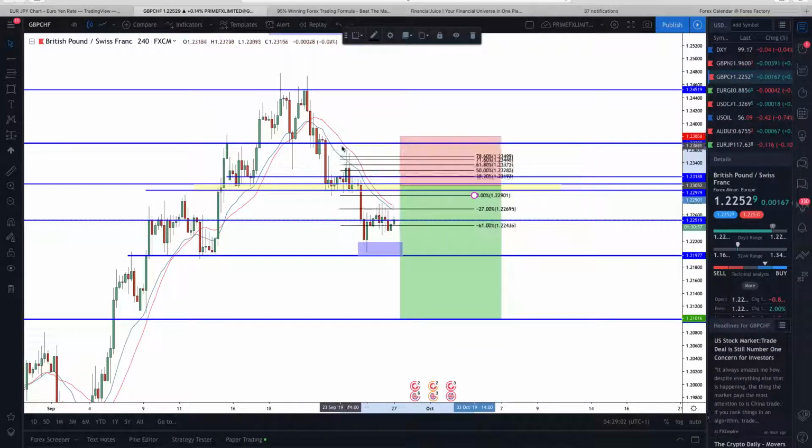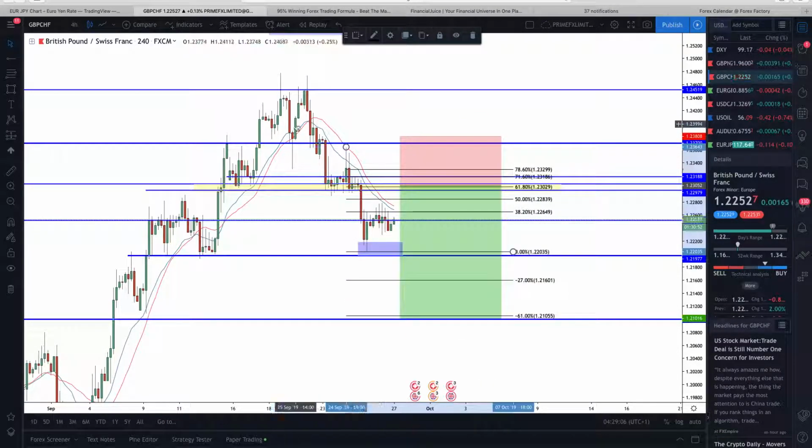Now, how can we get to our second target? This is the question. And to get to the second target, same formation. If we can get rejection, we will get down to that second target, which will now be our minus 27. But if we get further push, we'll meet the minus 618. The further the push, the further the retracement, the more the impulse moves to the downside. So keep your eyes out for that one.